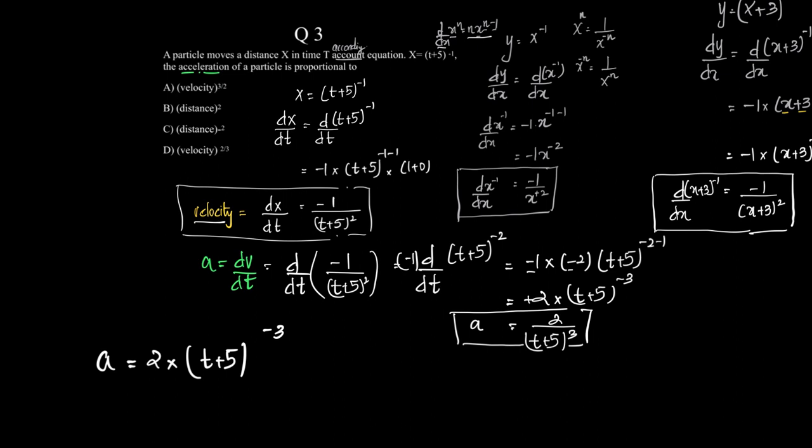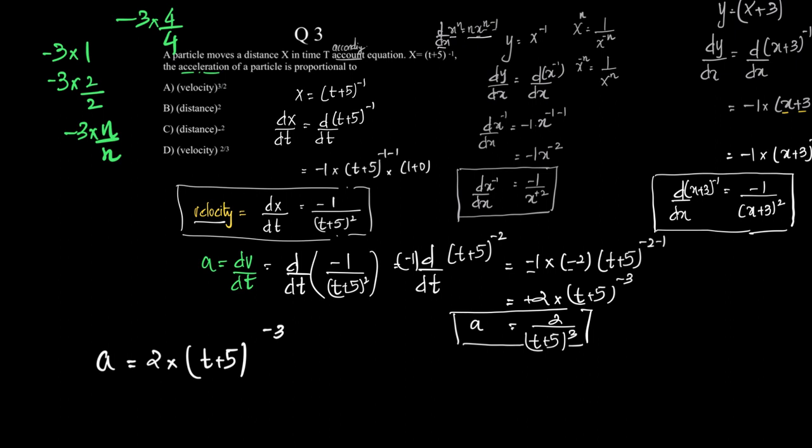How? See, what is minus 3? Minus 3 can be written as minus 3 into 1, or minus 3 into 2 by 2, or minus 3 into n by n, or minus 3 into 4 by 4. So minus 3 can be written as minus 3 into any number by that number.